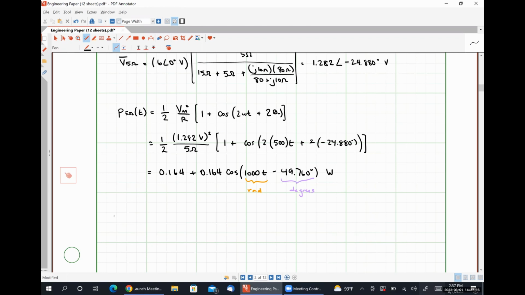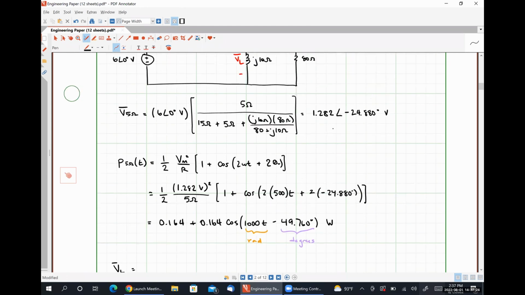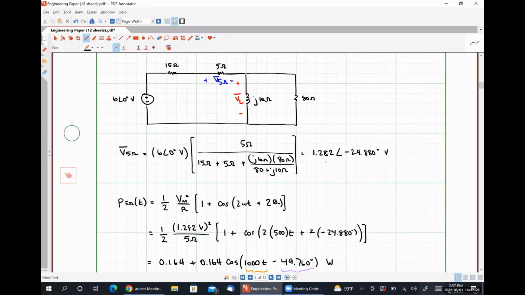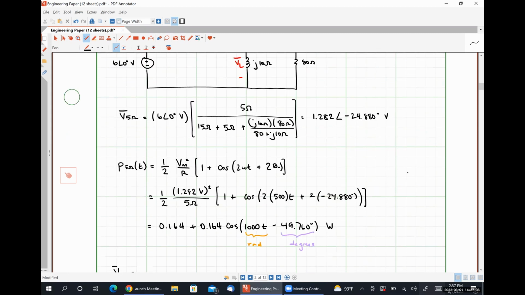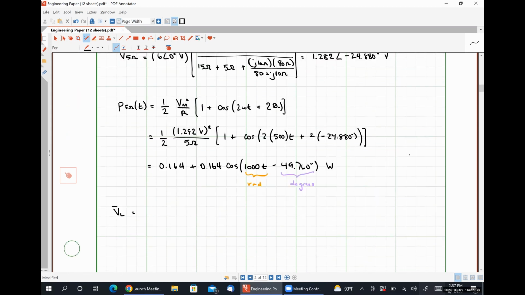Now let's figure out what VL is. So using voltage division, just going to scroll up here so we can see it. So the voltage drop across our inductor is actually the voltage drop across the inductor in parallel with the 80 ohm resistor. So I'm going to have that in my numerator.